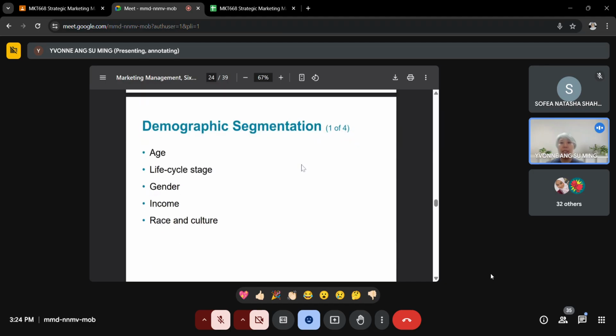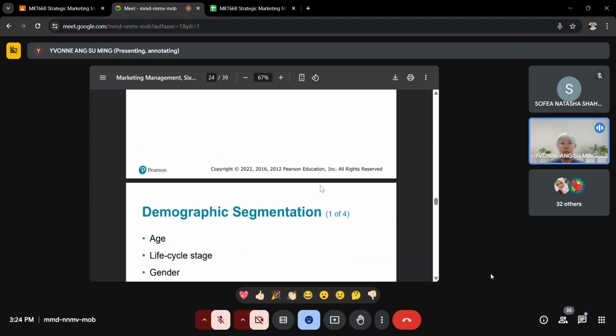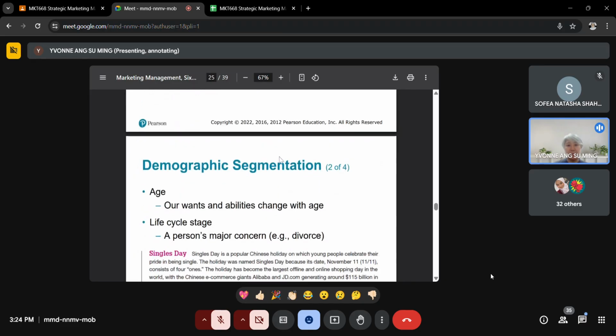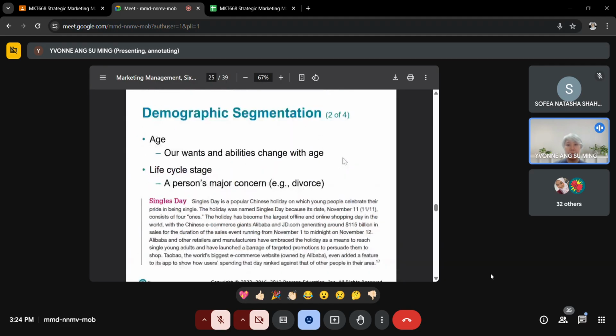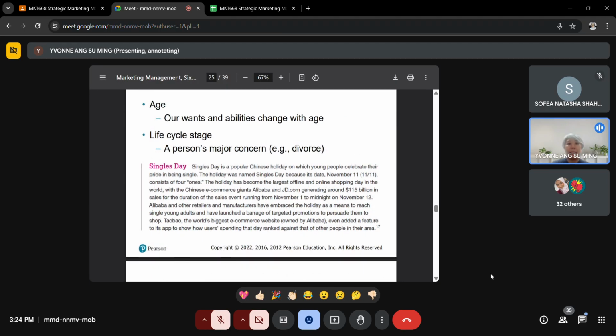And you can see that when we look at consumer markets, we can use things like demographic segmentation. So let's repeat a little, where you can see that these are the criteria that typically fall under demographic segmentation. From all of this, because it's not very difficult to understand, you've seen this many times, I'm just going to highlight life cycle stage.